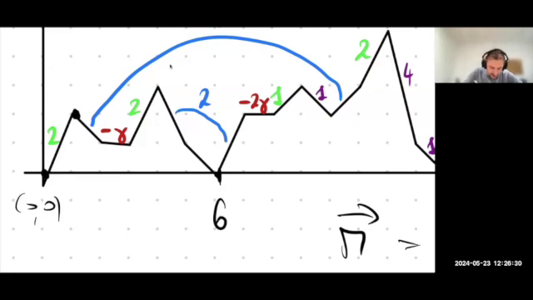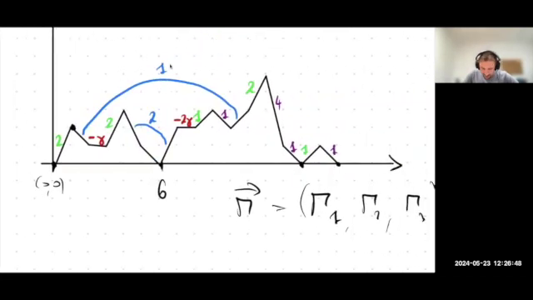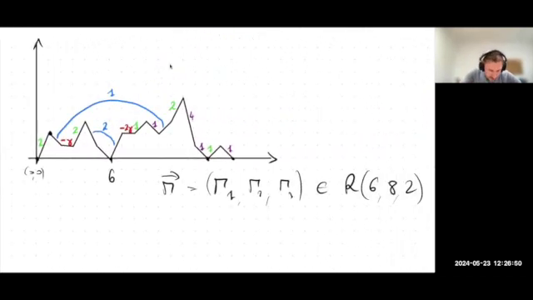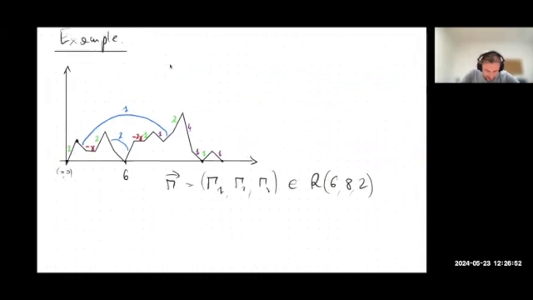So for instance, this flat step is at height 1. I'm looking here. So the weight would be minus gamma times 1. Then I need to check what is the height of this. It's 2. So the weight will be minus gamma times 2.